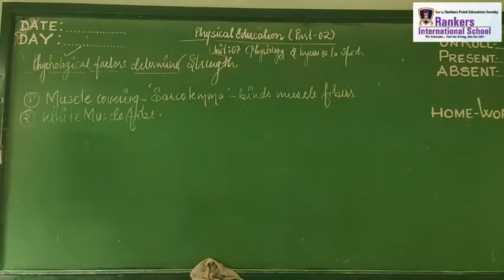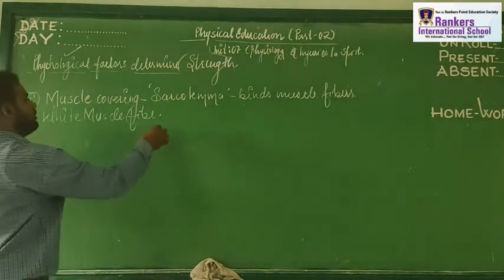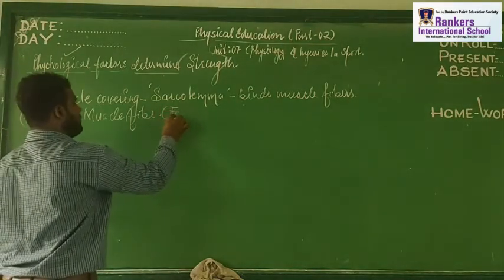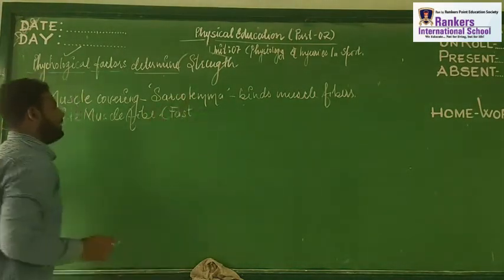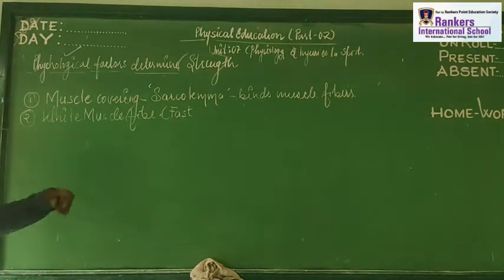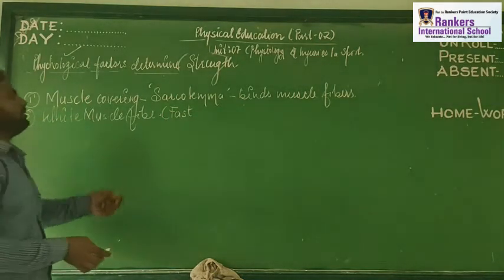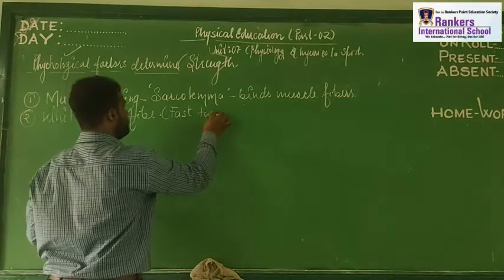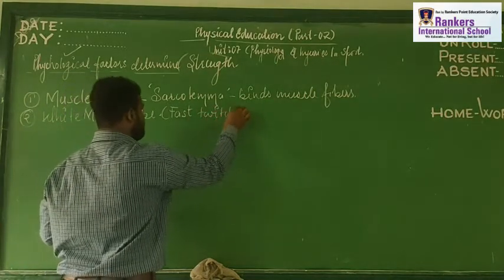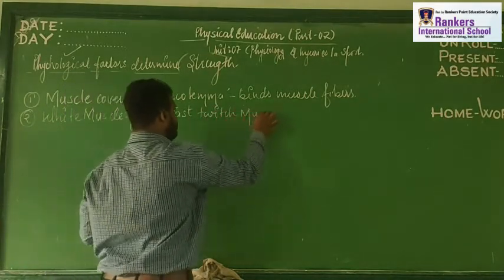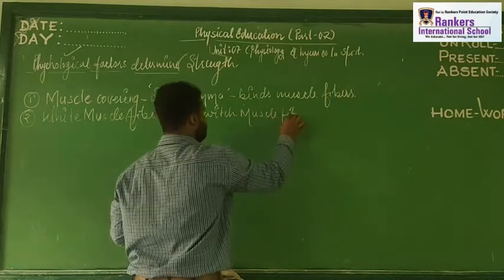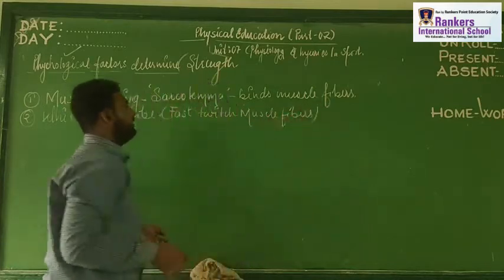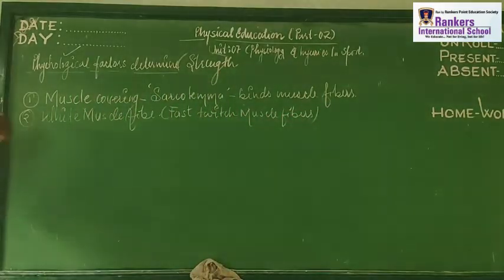Again a CBSE NCT question: white muscle fiber is also called fast twitch muscle fiber, and red muscle fibers are also called slow twitch muscle fiber. In the same way, white muscle fibers are also called fast twitch muscle fibers. Got it, everyone? It's very important to note this.